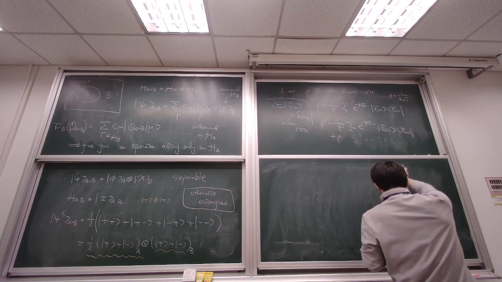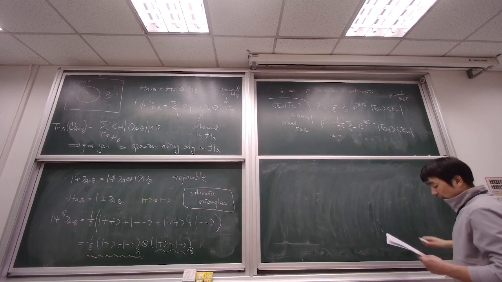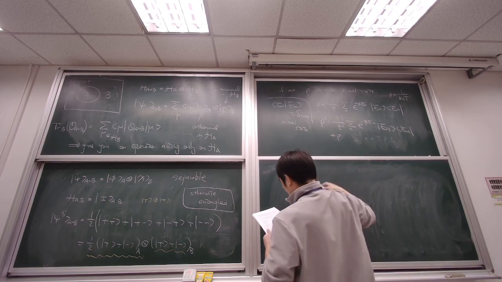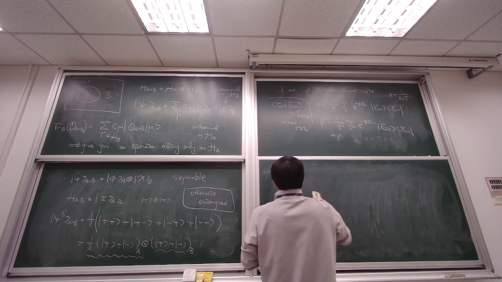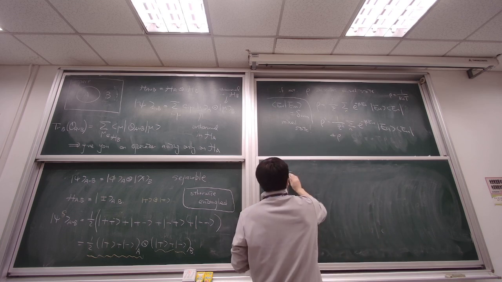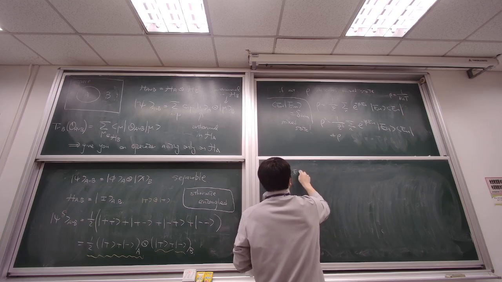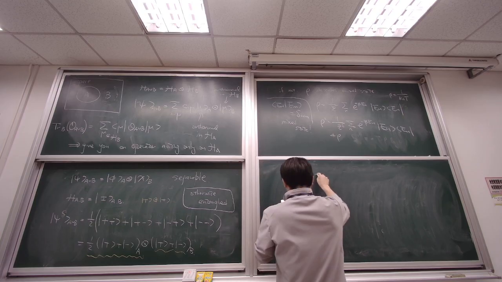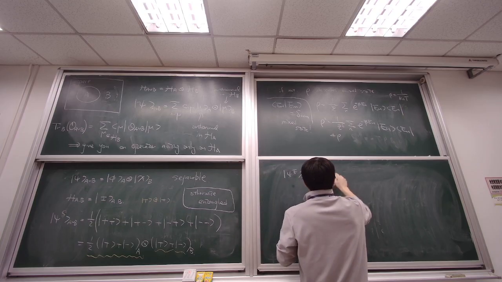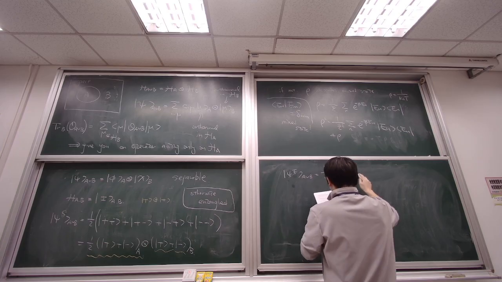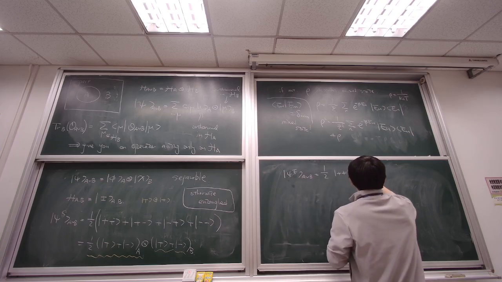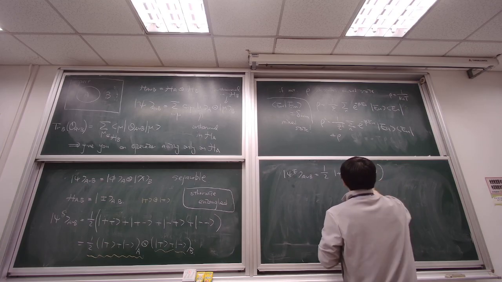So an entangled one is something like this one: psi AB is equal to 1/2 plus and then 1/2 minus, like this way.